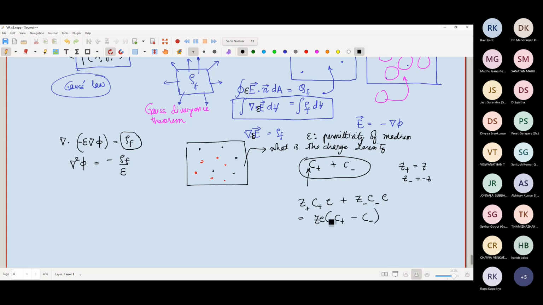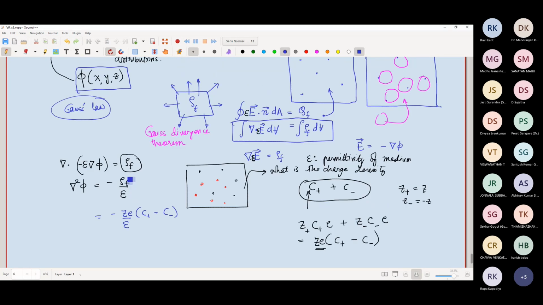So the charge density is how many more positive ions you have than negative ions, and to top that we multiply them with the valency and the charge. So the charge density expression therefore becomes minus Ze (C plus minus C minus) over epsilon.